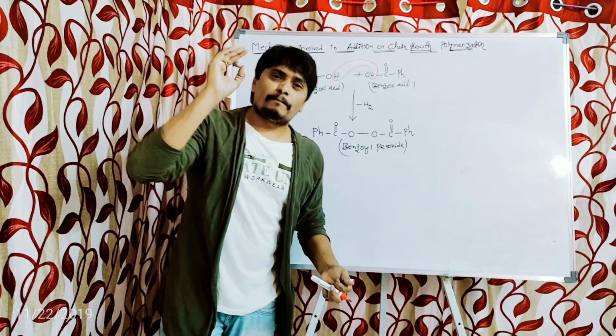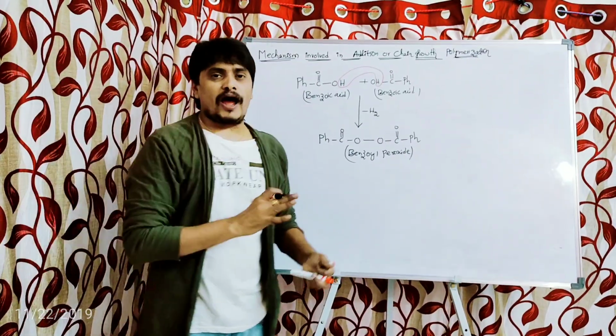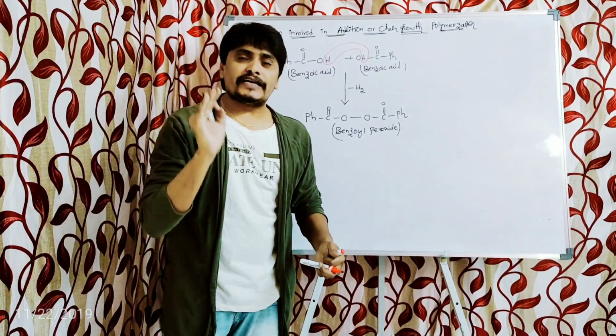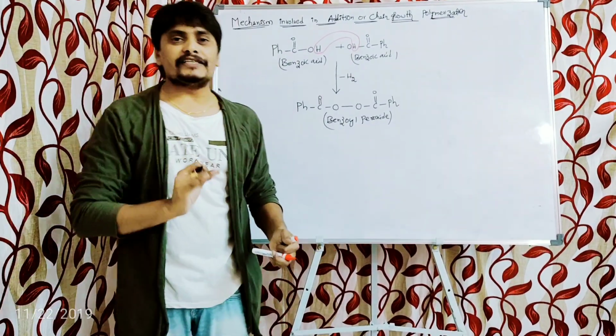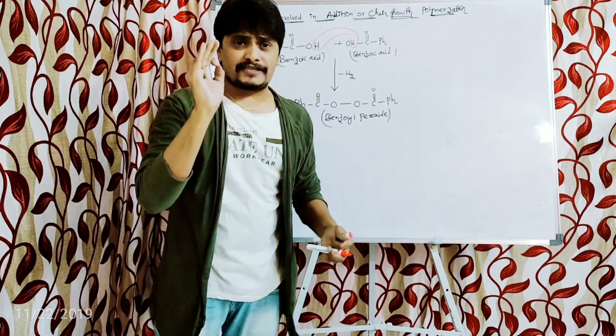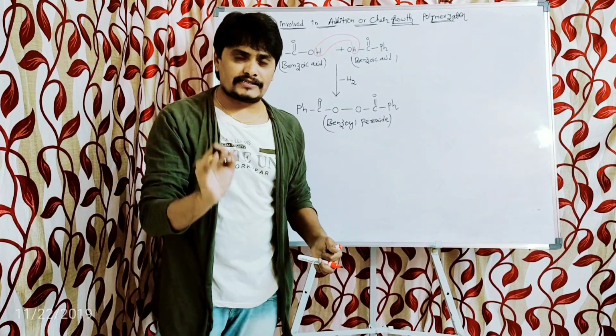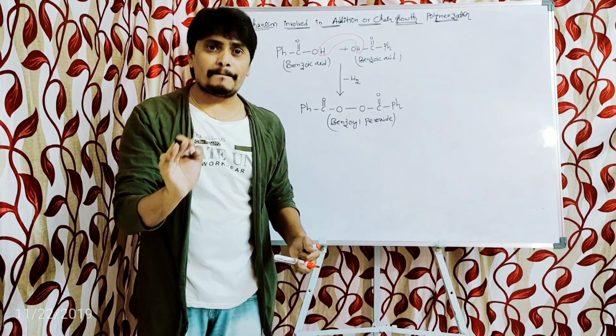So these are the basics which are required in order to understand the mechanism involved in addition or chain growth polymerization. With the help of these basics, I am going to explain the free radical mechanism involved in addition or chain growth polymerization.